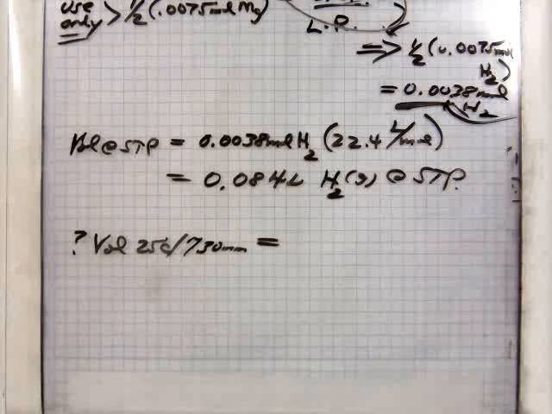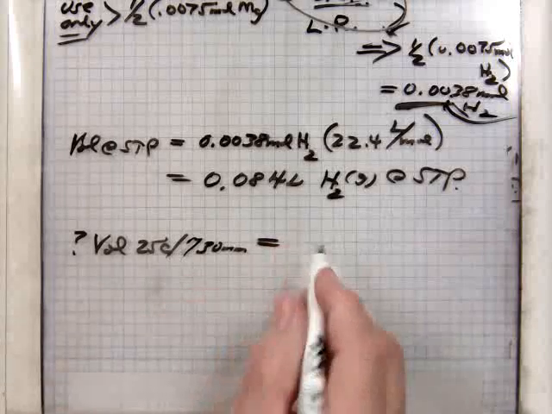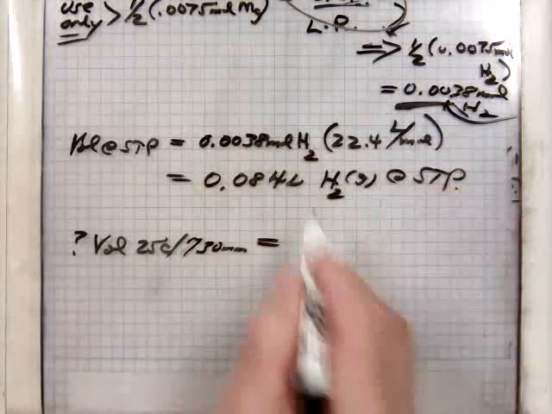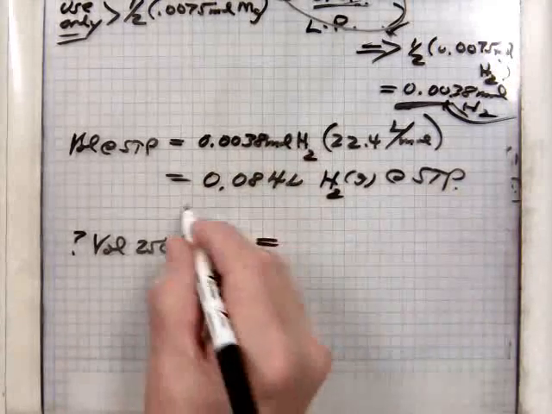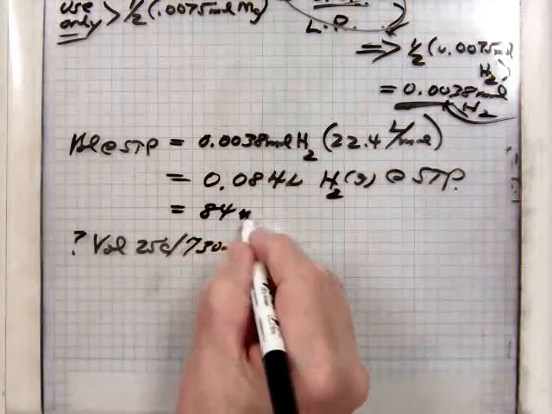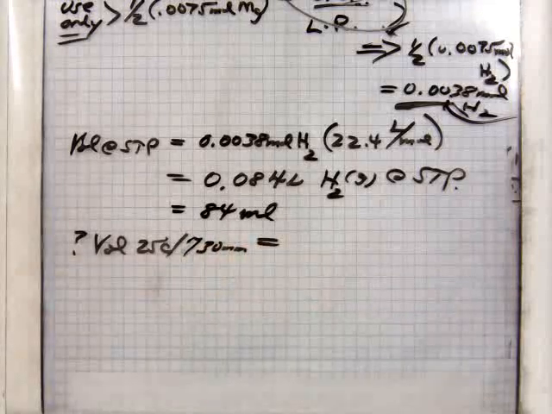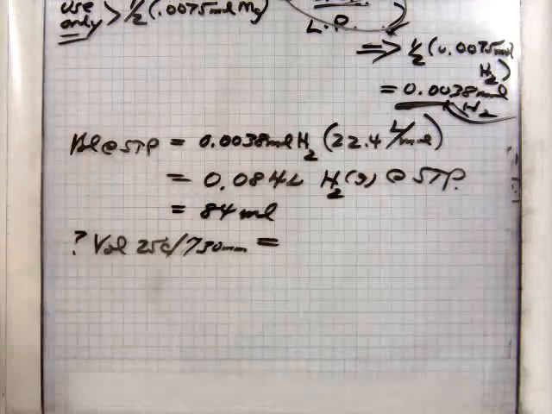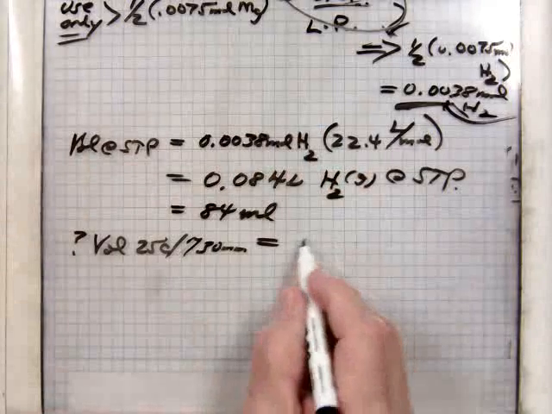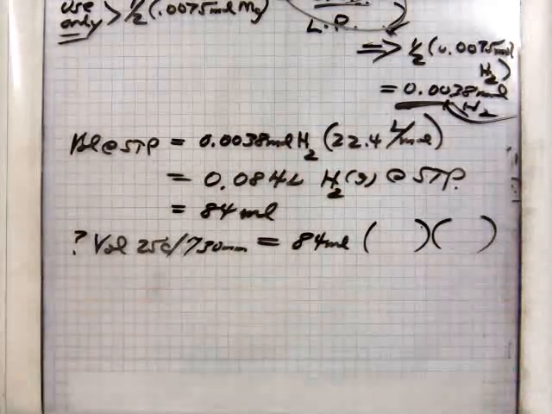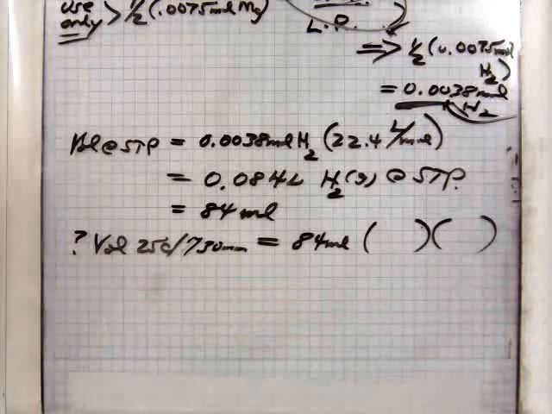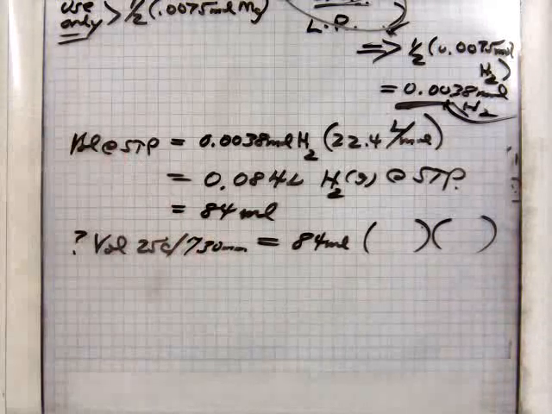So what you need to do is multiply this number. This is 84 milliliters. You can adjust that, because all I'm doing is multiplying by 1,000. Now I need a temperature adjustment and I need a pressure adjustment. We're adjusting for 25 degrees.